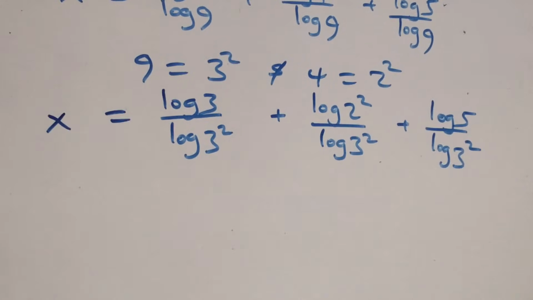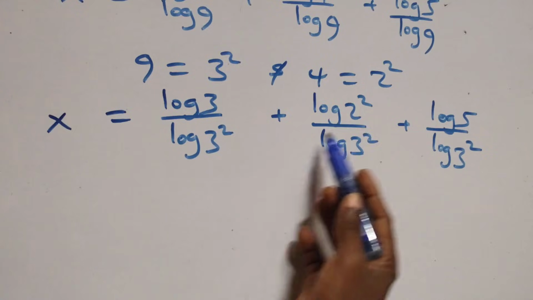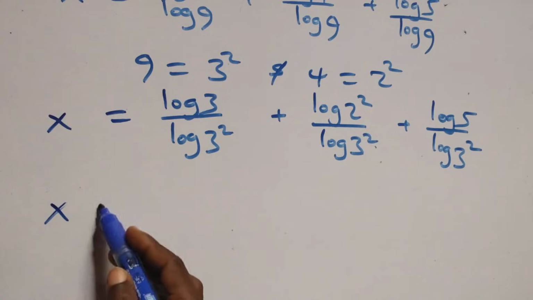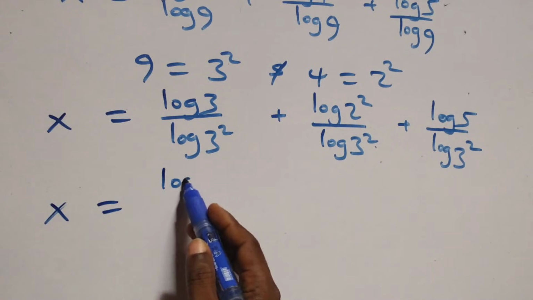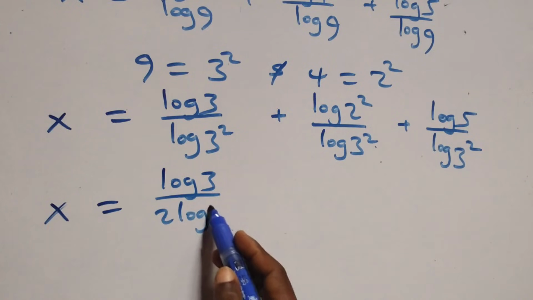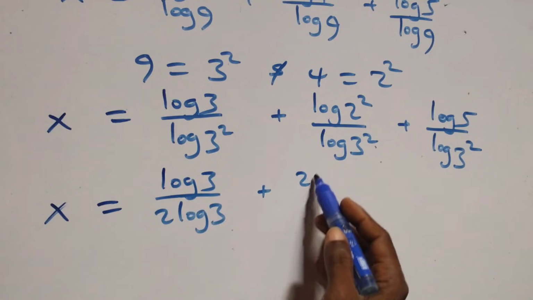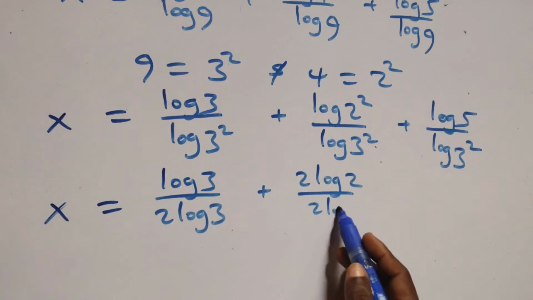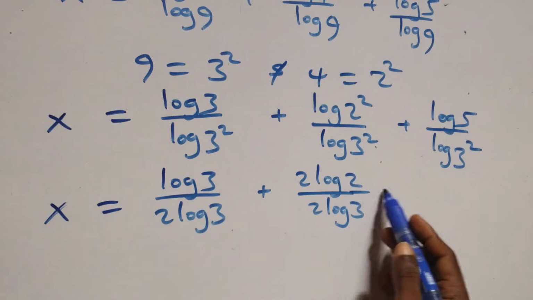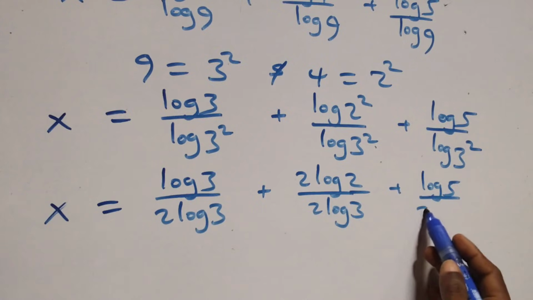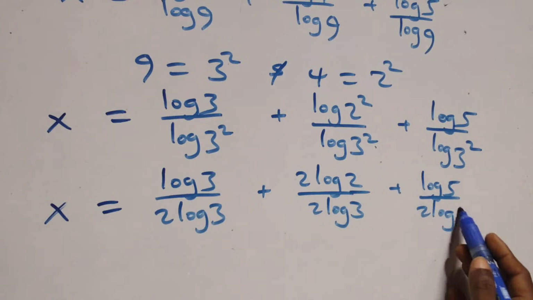That is, here we apply the power law of logarithm. The 2 comes down from here, and also here. We have x equals to log 3 over 2 log 3 plus 2 log 2 over 2 log 3 plus log 5 over 2 log 3.